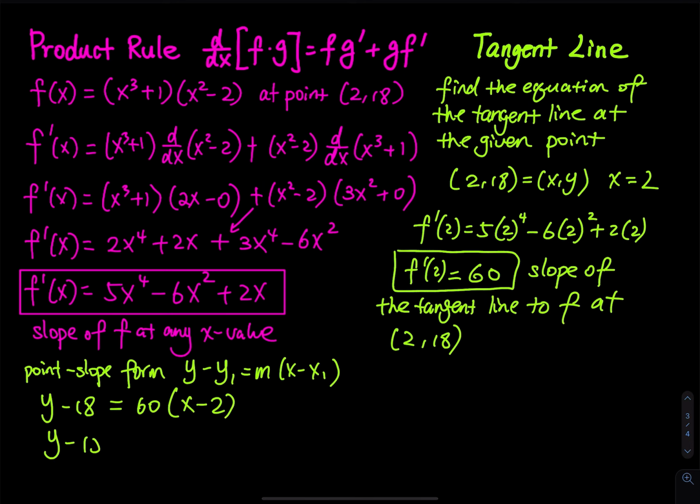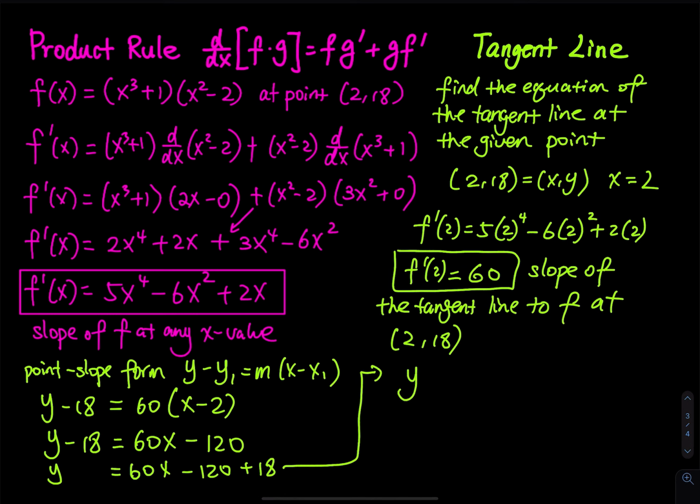So y minus 18 equals 60x minus 120, and then you add 18 on both sides. So you have 102, right? So the tangent line is y equals 60x minus 102.